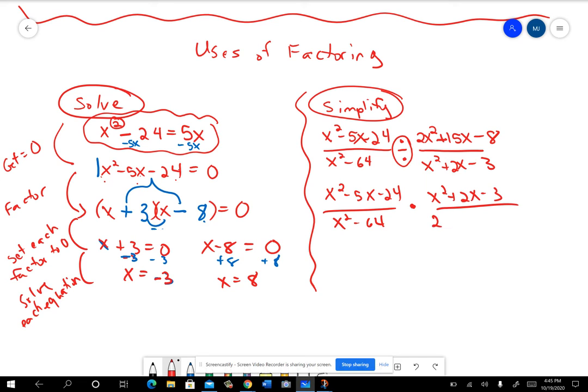So flip the second fraction. Okay. And then once you do that, you're going to start all your factoring. And really, I like to do my factoring kind of right here, above each of these and below each of these, so I can see what I had.